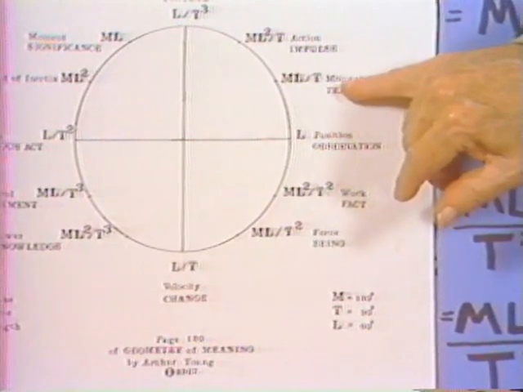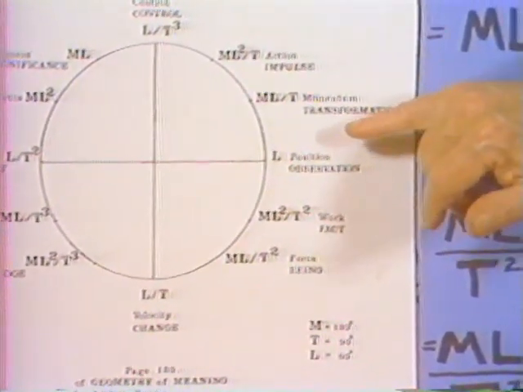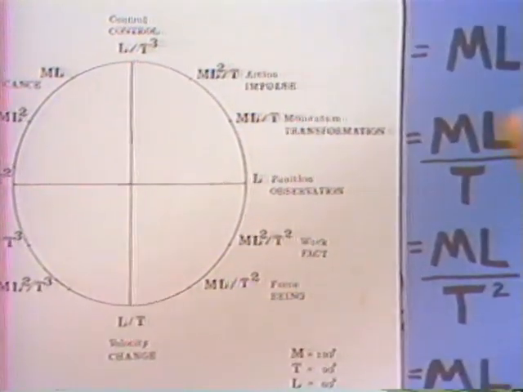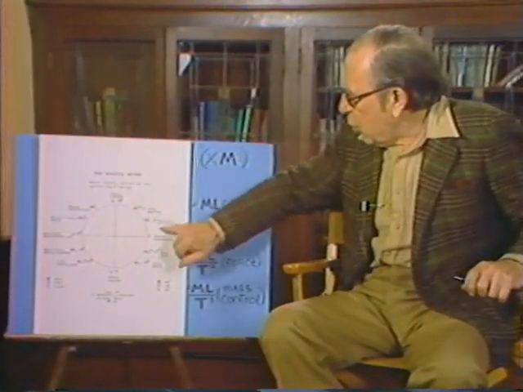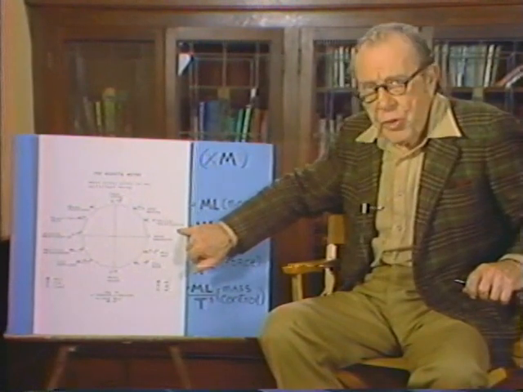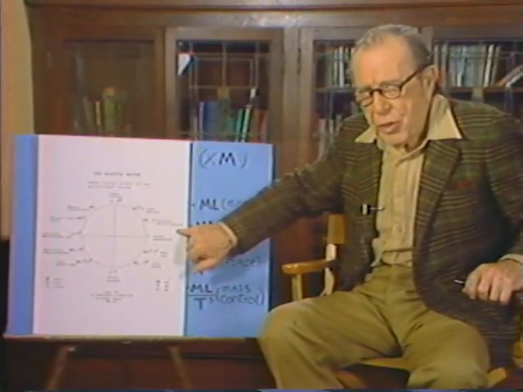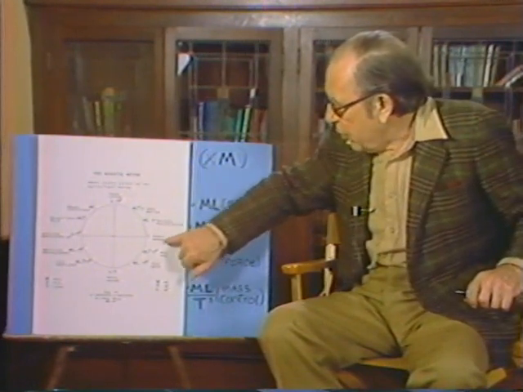It's not the same as force. The force is something that's being exerted. Momentum is that which makes things change. So that's why I call it transformation. I'll show you in a minute another way you can check up on these relationships. We want to finish, though.